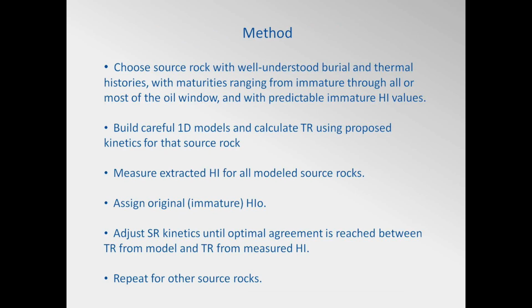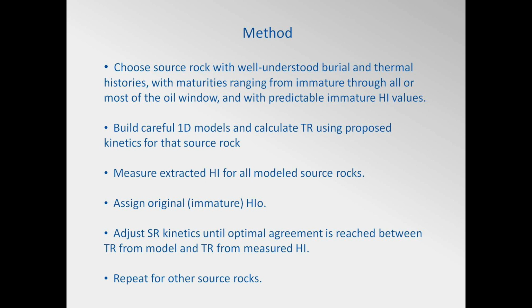If I were going to carry out this study, I'd choose a group of source rocks with well understood burial and thermal histories, with maturities ranging from immature through all or most of the oil generation window, and with predictable or even constant immature HI values.